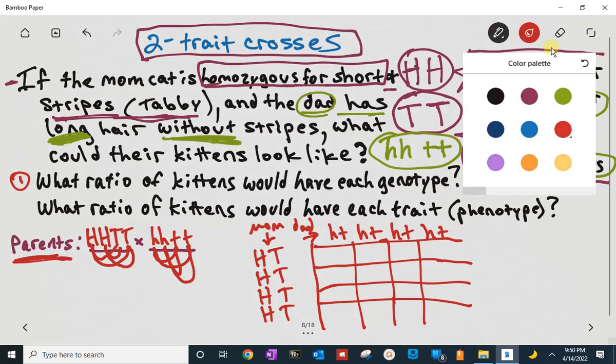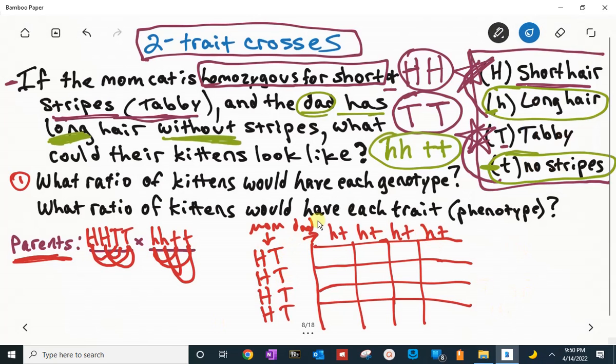So now when we go to cross these, we're going to put what the mom has in each of these rows. So she has a capital H and a capital T, capital H, capital T, and same thing for this one.